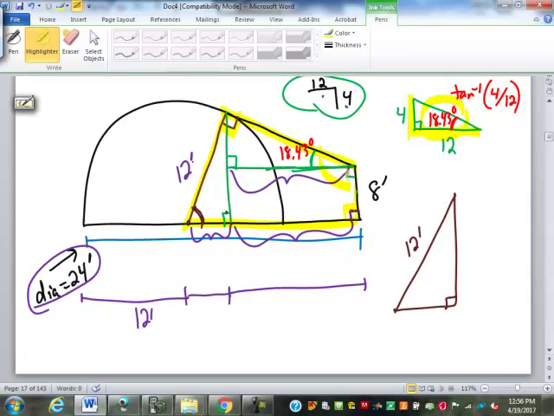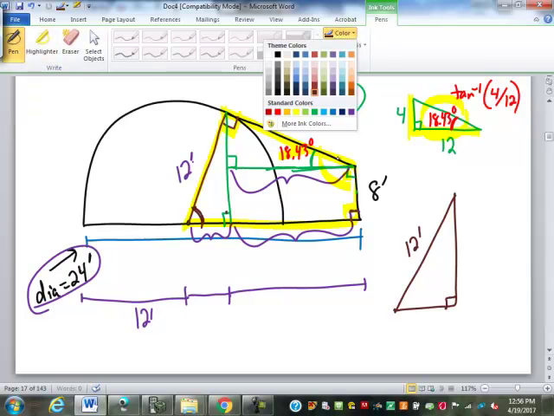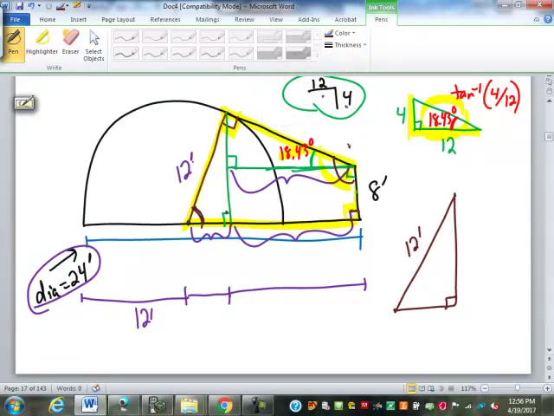This angle here is 90 plus 18.43, so that whole angle there is 108.43. Make sense? Being a 4-sided figure, 4 minus 2 times 180 has to have a total of 360 degrees. So that makes this 71.57 degrees here.